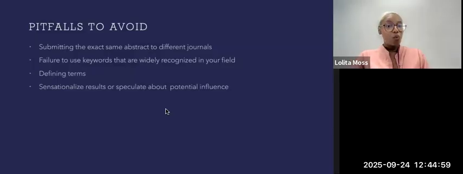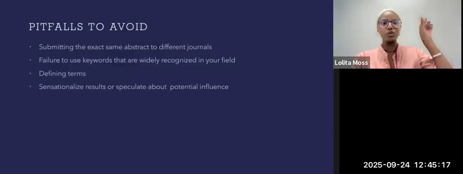You do not want to sensationalize your results, and you don't want to speculate about potential influence. So we'll look at an example of sensationalizing results. I don't want to be dramatic. I think sensationalize is the best term to use here. So it's not necessarily like using an exclamation point, which is pretty much just not done in academic abstracts, right?